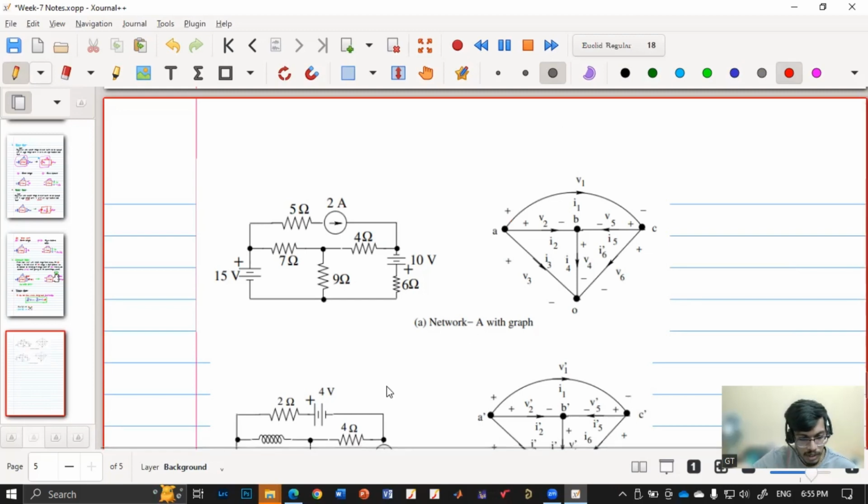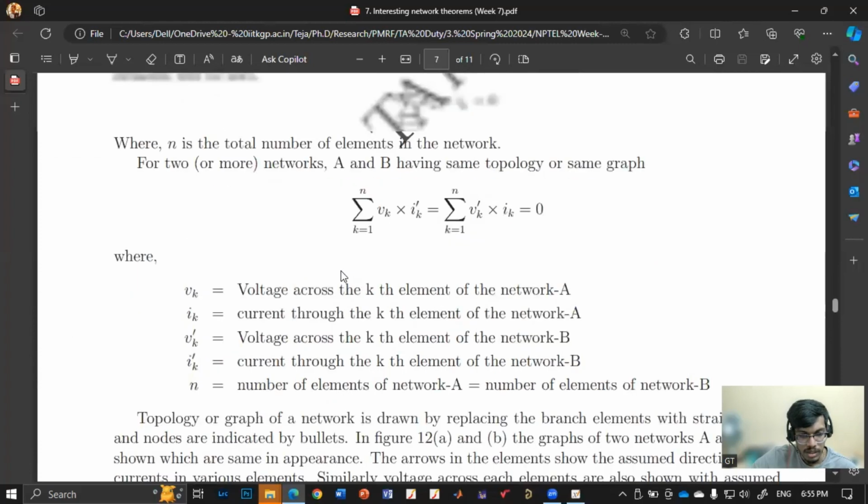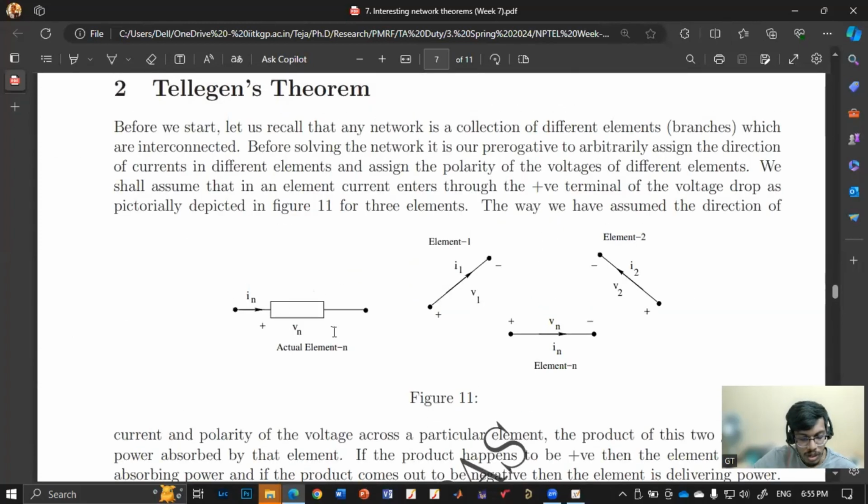To be more clear, any element, resistor or otherwise, with current IN and voltage VN, will be replaced by a single line. These are called branches, and they are interconnected by nodes.